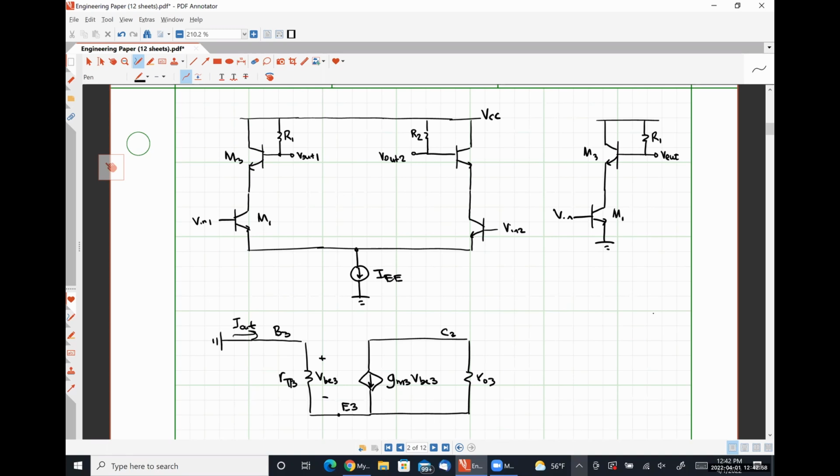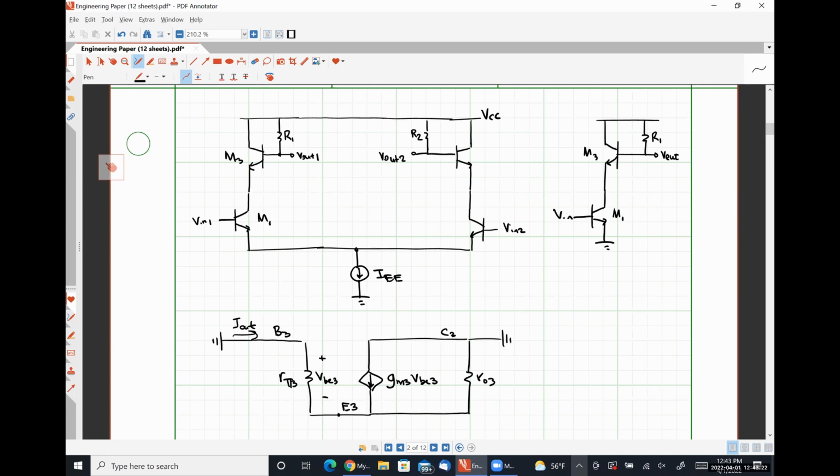Our collector terminal, which is this guy right here, is also at AC ground. So I'm going to just ground this guy over here. And our emitter terminal is connected to the collector terminal of M1.